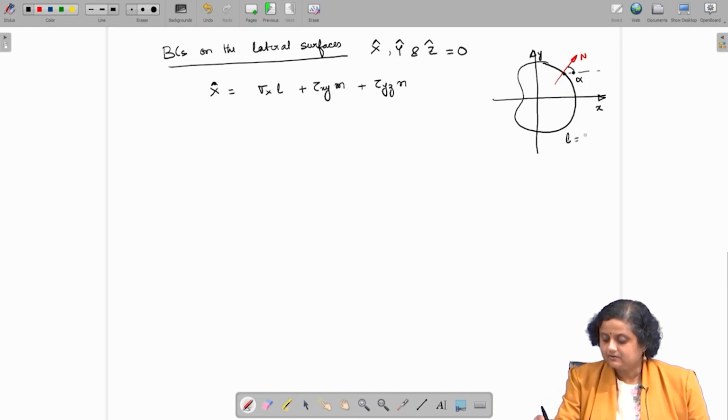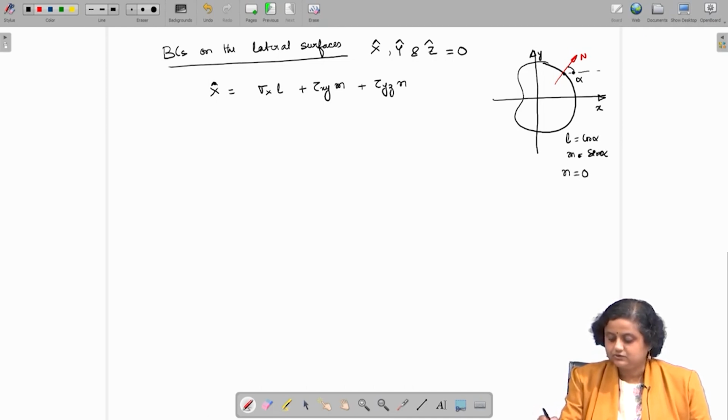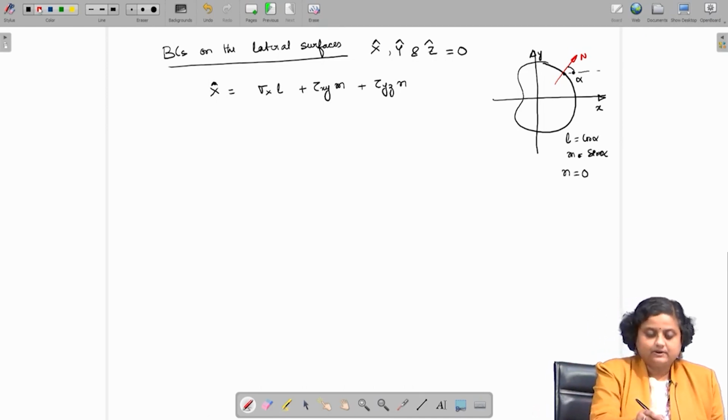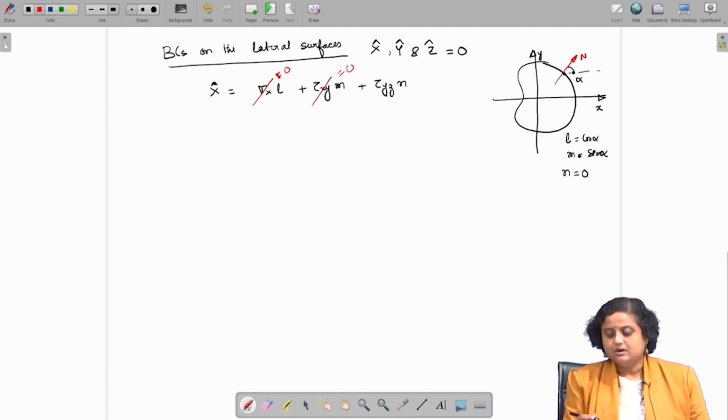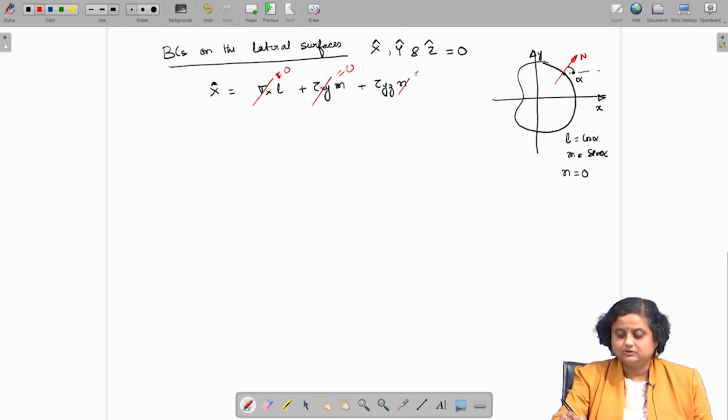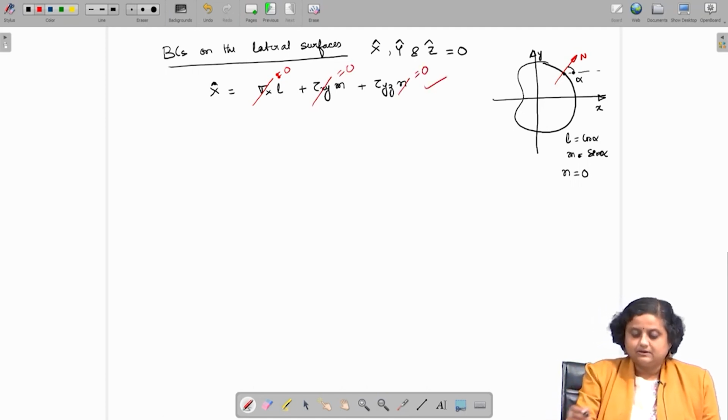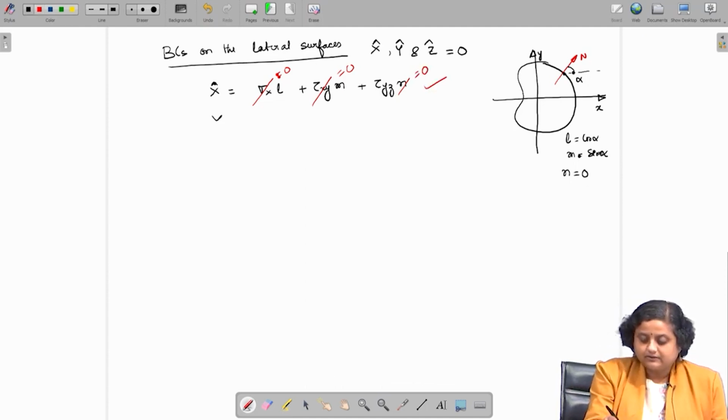L is cos alpha, m is sin alpha, and n is equal to 0. Now, sigma x is equal to 0, tau xy is equal to 0, and n is equal to 0. So, this is satisfied. Now, let us move on to the next boundary condition.